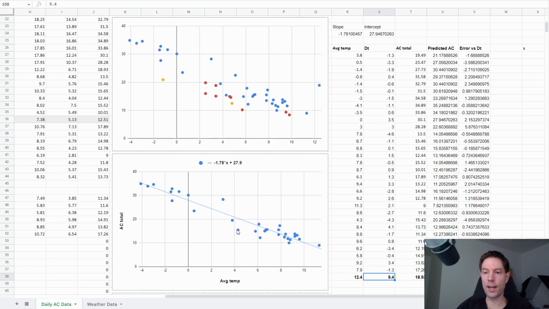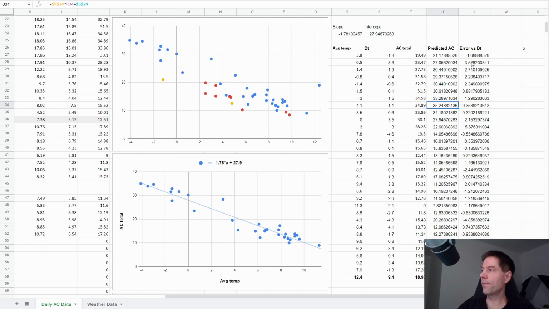Maybe we can actually measure this a little bit. So that's what I've done here. I've taken our delta T value, the temperature difference from one day to the next. I've predicted what we should expect the heat load to be based on this straight line running through the middle here, which is, once again, basically just converting the temperature into the heating load using these two parameters, the slope and the intercept, using this equation up in the top left. And I've done that for every single day.